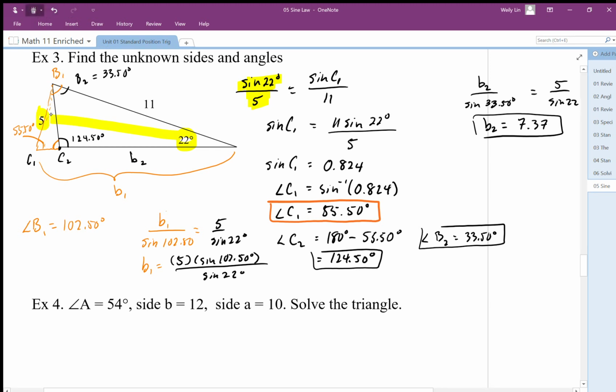My rounding gives me a B1 length of 13.03. So there are my three unknown parts of the triangle: angle C1, angle B1, and length B1. Those three unknown parts are different than the parts I solved for the black triangle, and because these are two possibilities, when we have angle side side, we always have to account for the fact that we have to solve for two triangles.